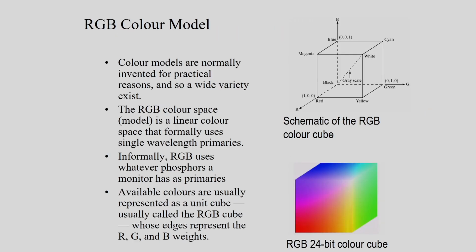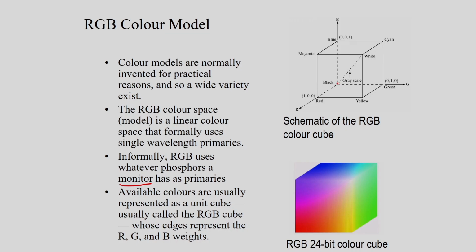Another model is the RGB color model. Sometimes it is called the hardware color model, because it is used in hardware devices like computer monitors, and even in the camera. In the RGB color model you can see the RGB color cube here. I have marked all the points.